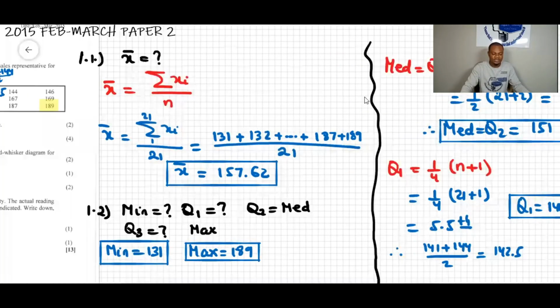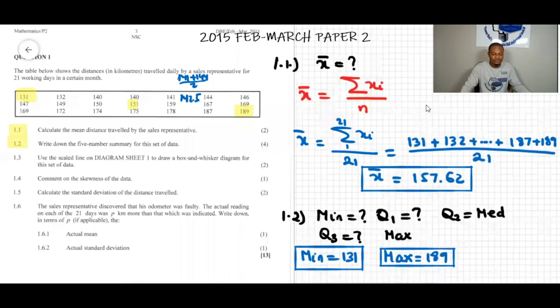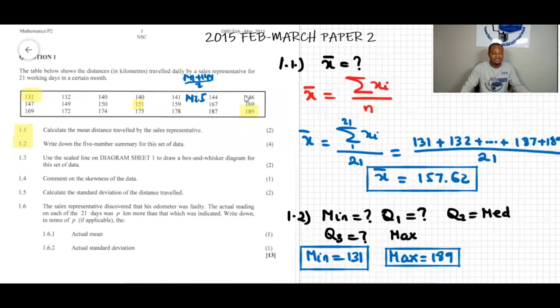So in the data set here, I already know that the first row makes 7. The second row will be 7 also, 14. So 15, 16, 17. So it is in between these two. So we're going to find the average of 172 and 174. I can see that that's 173.